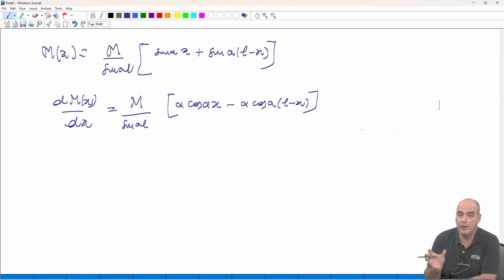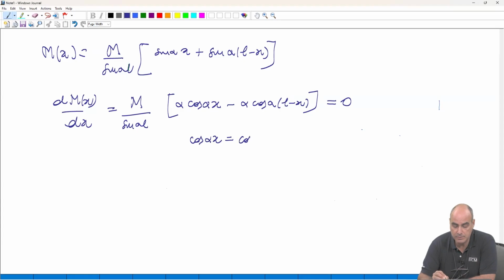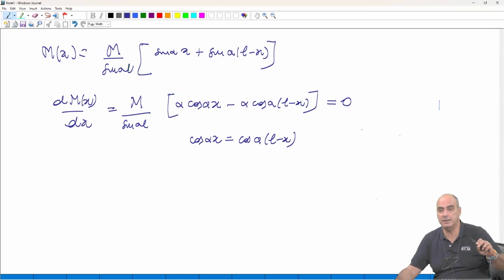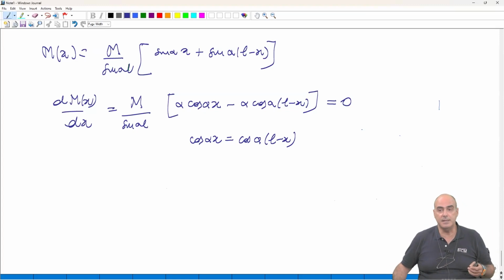I am looking for a local maximum or minimum. What shall I do with the derivative? Equal it to 0. When is this possible? Well, alpha cannot be 0. This is possible when cosinus of alpha x is equal to cosinus alpha (L minus x). And when does this happen, when the cosinus of two different angles is equal?